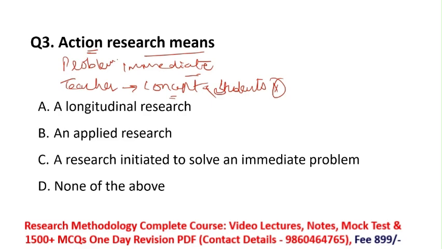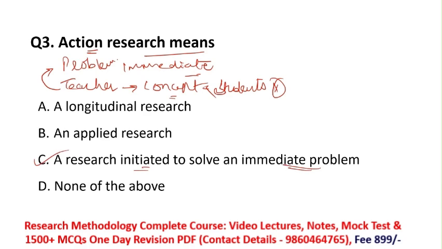So here the teacher is immediately solving this problem. Remember, action research is generally seen in the teaching field. So action research means a research initiated to solve an immediate problem.